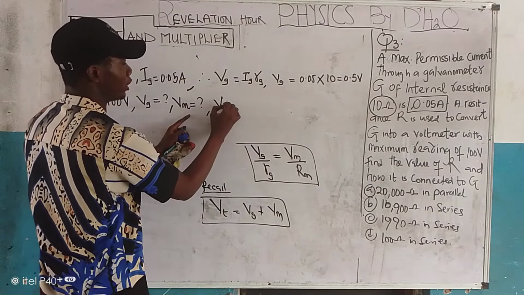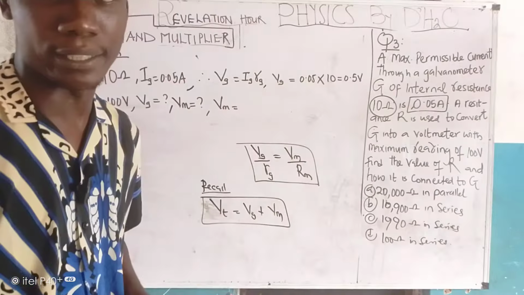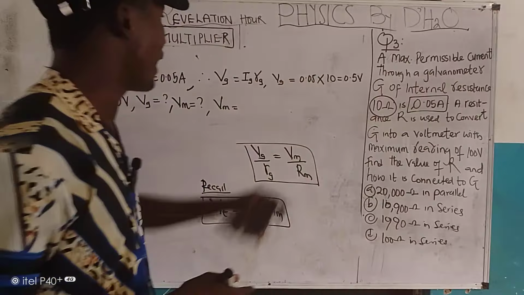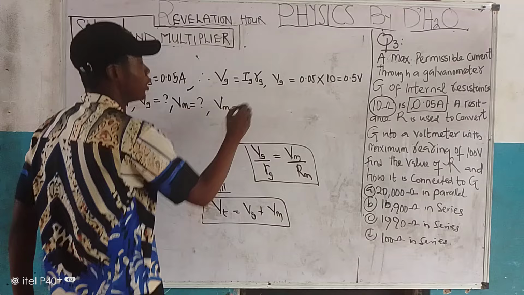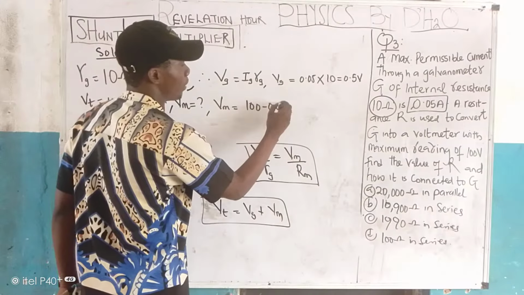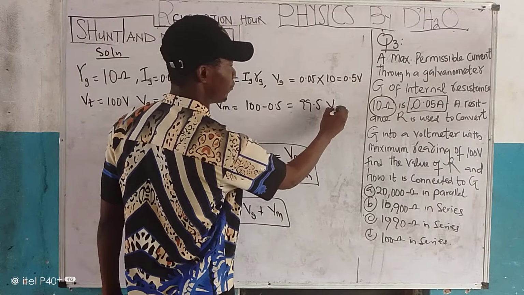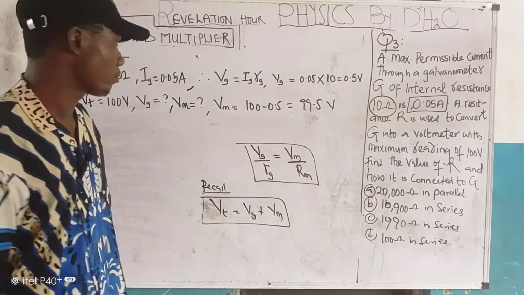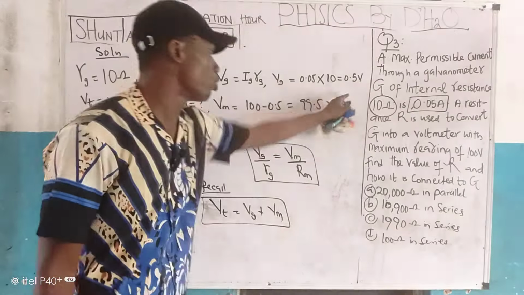What becomes the voltage in the multiplier? Remember, the total voltage is 100. So if the voltage in the galvanometer is 0.5 volts, the voltage in the multiplier will be 100 minus 0.5, and that will give us 99.5 volts.